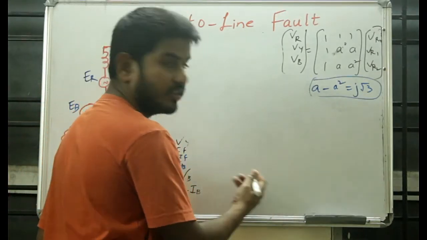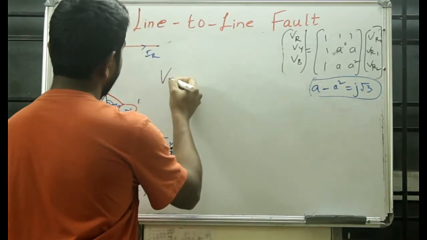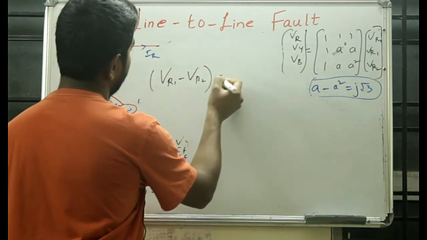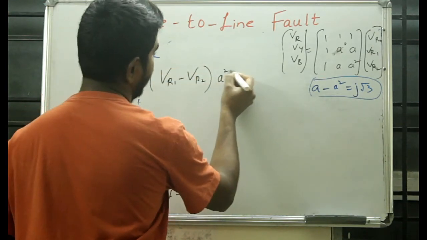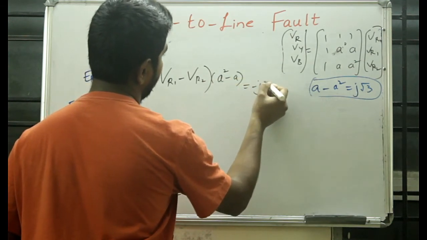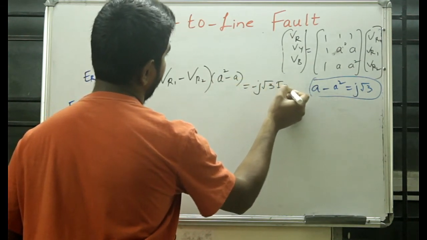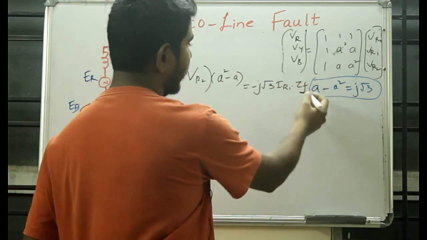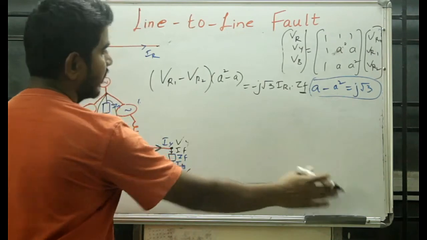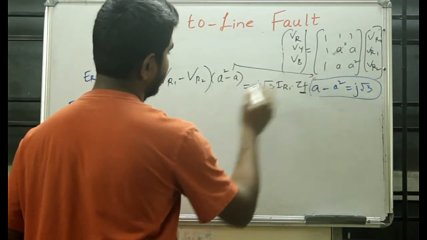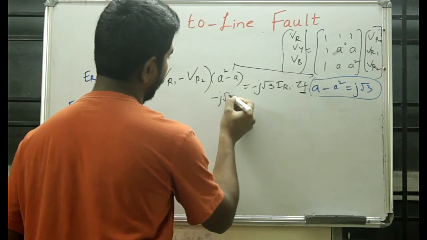So I will write the equations here once again. V R1 minus V R2 into a square minus a will be equal to minus j root 3 I R1 into ZF. ZF we forgot to include in the equation earlier. So we can see that a square minus a is nothing but minus j root 3.